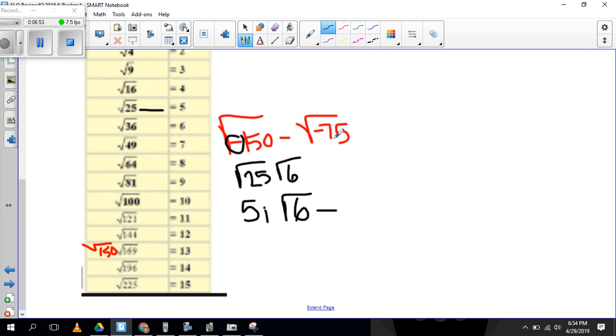So now we're going to break up the square root of 75. Okay? So 75 is not on here, but it falls between 81 and 64.